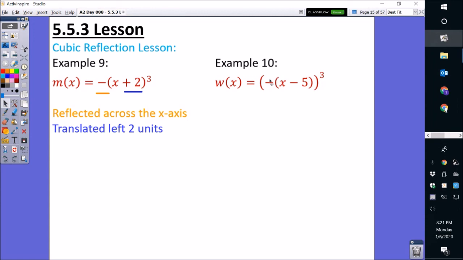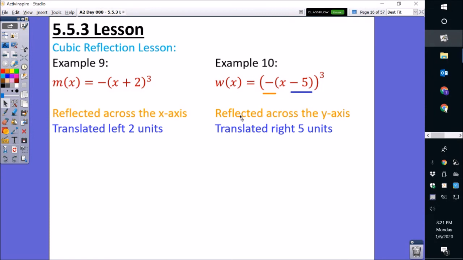And since we want to keep the negative sign separate and keep the minus 5 intact, hence the second set of parentheses, the minus 5 behind and inside the function means translated right 5 units. So again, reflect it across the y-axis because of this negative sign that's inside the outer parenthesis, and then translate it right 5 units because of the minus 5 inside behind the x.